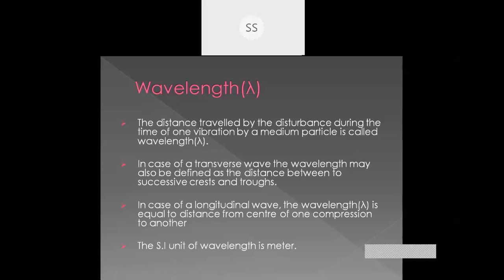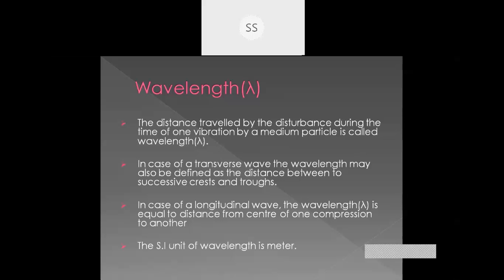The wavelength for a transverse wave is different, and the wavelength for a longitudinal wave is also different. In case of a transverse wave, the wavelength may be defined as the distance between two successive crests or troughs. We know that in a transverse wave, the particles of the medium vibrate in the perpendicular direction of the wave.